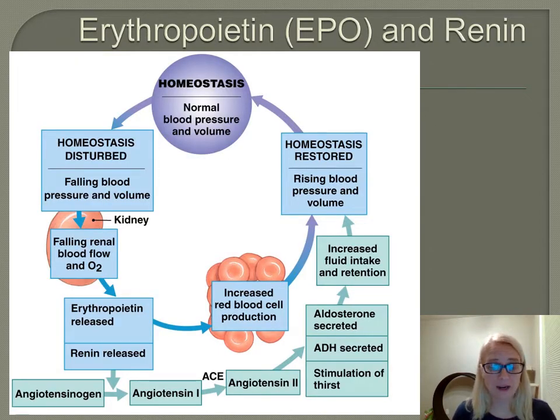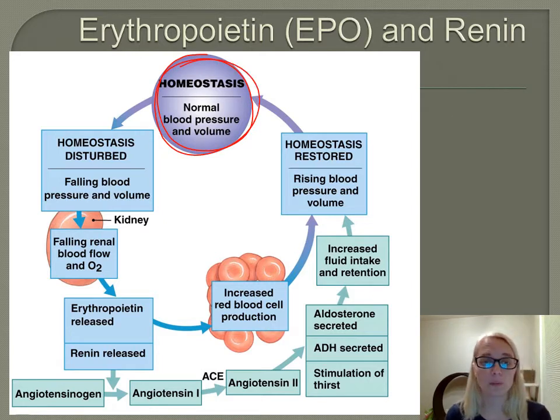The biggies that I wanted to talk about are the hormone erythropoietin and the enzyme renin, which is huge. As you'll see, there's a whole flow chart going on here. We're going to start in homeostasis with normal blood volume and normal blood pressure. This is all cardiovascular system stuff, so we'll get to it more in depth in the last third of the class.